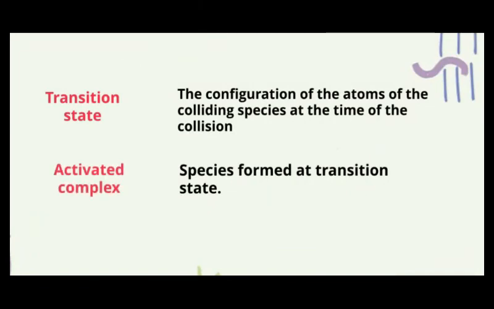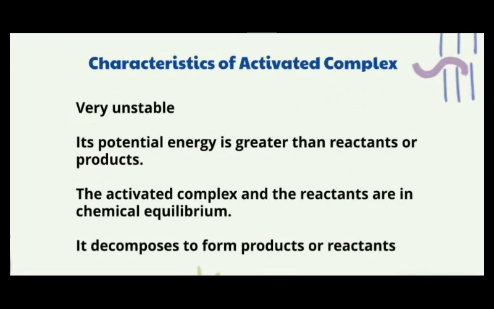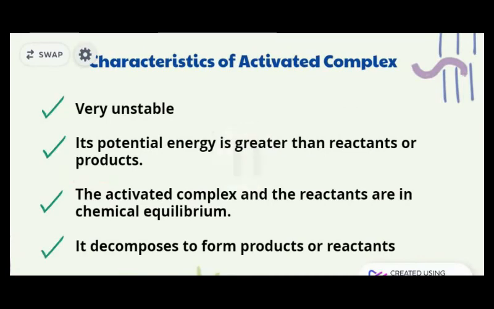Transition state is the configuration of the atoms of the colliding species at the time of the collision. Activated complex is the species formed at transition state. Characteristic of the activated complex: it is very unstable.